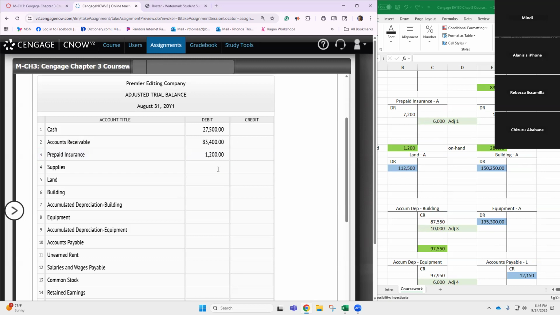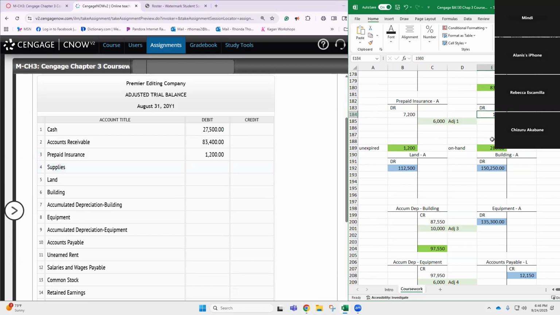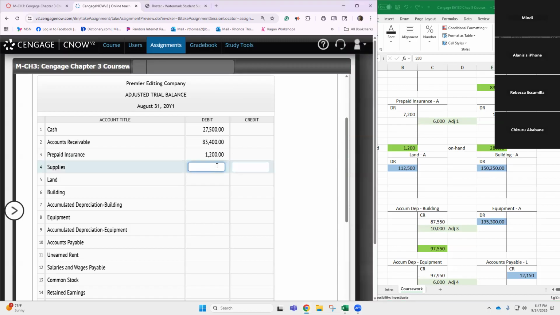Supplies is right next to it. Supplies started with $1,980. We made an adjustment to it of $1,700. So now its new balance should be $280.